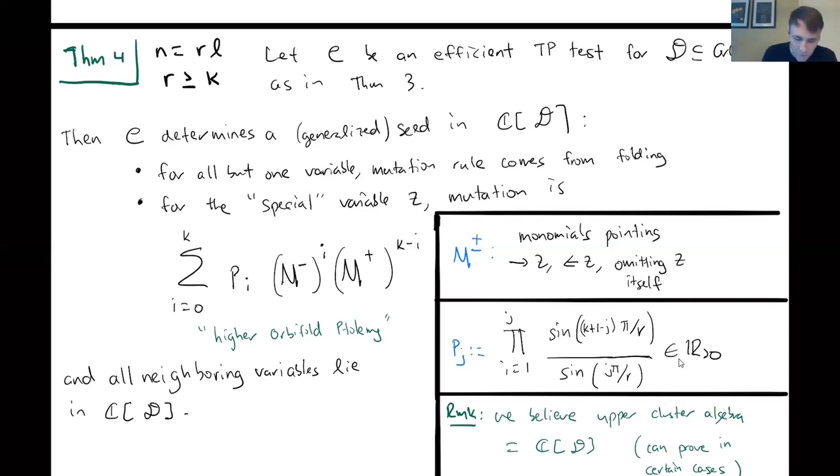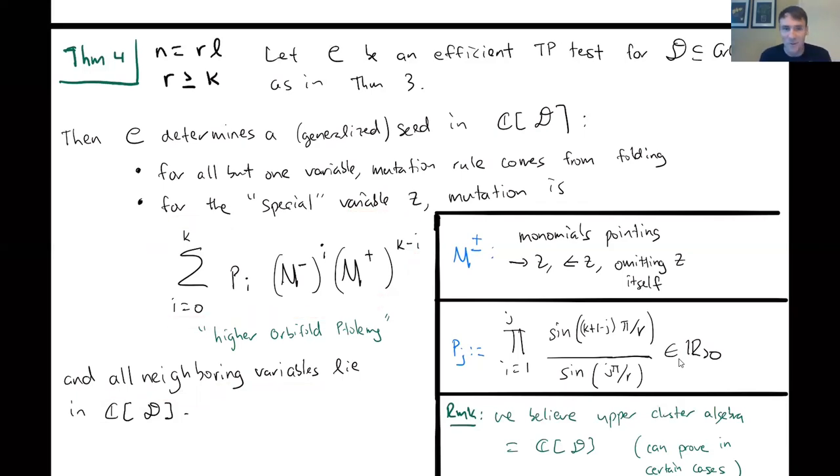So these numbers are always positive, but they're a product of many sine evaluations at rational multiples of pi. And maybe I'll state the theorem as saying that all neighboring variables lie in this algebra of functions. So all one-step mutations yield regular functions. So what I'm asserting is basically that this exchange relation holds in the coordinate ring.